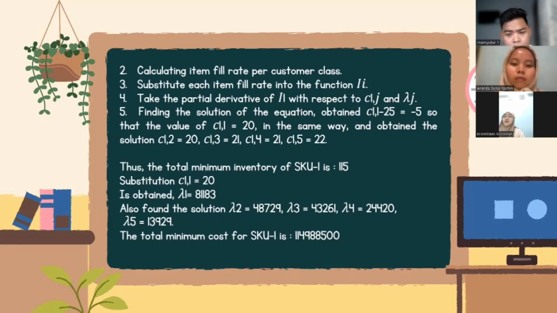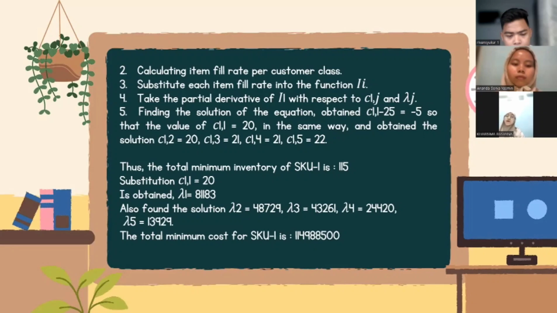Substituting C1 equals 20, lambda 1 equals 81183 is obtained. Also found the solution lambda 2 equals 4872, lambda 3 equals 43261, lambda 4 equals 24420, lambda 5 equals 13929.